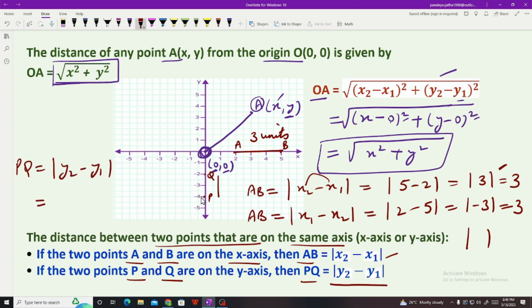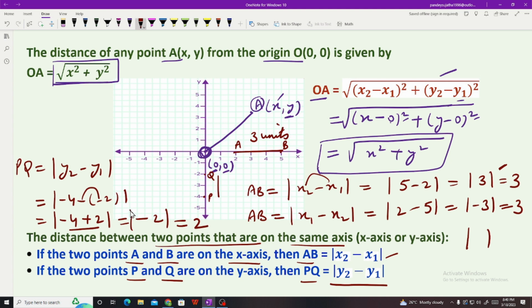So if I take y2 as minus 4 and y1 as minus 2, it is mod of minus 4 minus into minus is plus 2. So minus 4 plus 2 is minus 2. So the modulus of minus 2 is 2.